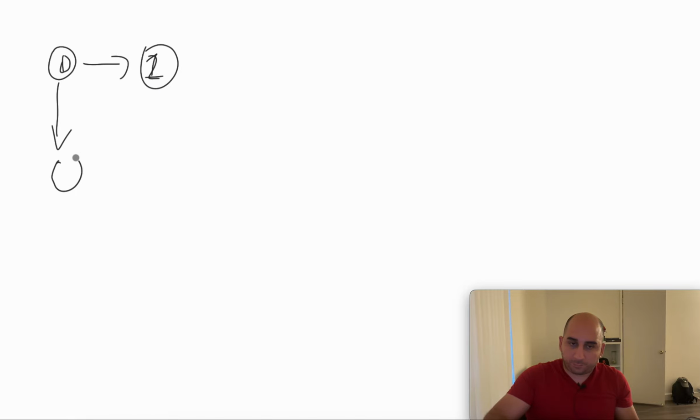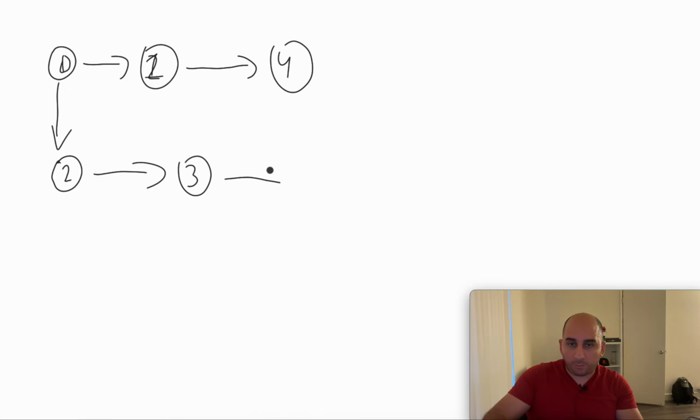Right, let's take our first example and expand it a bit and work on it. From 0 we can go to 1, and we can go to 2. From 2 we can go to 3. From 1, let's say we can go to 4.